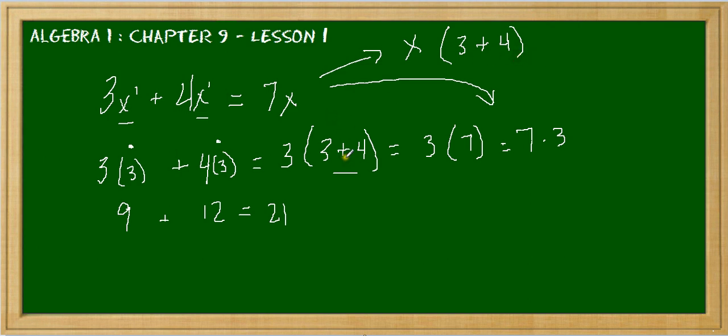The same thing we did down here. This is just the distributive rule going in reverse. 3 times x is what we have here, and 4 times x, and we're adding them. So we just changed the form of 3x plus 4x to x times 3 plus 4, and therefore we end up with x times 7, or 7x.